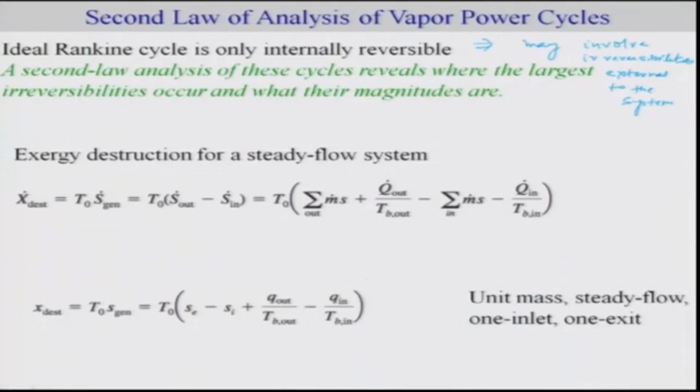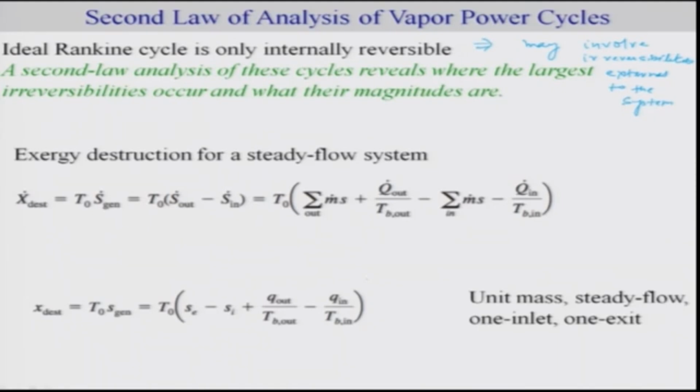So, this is why we may like to use the fundamental understanding of exergy. I am now trying to summarize a simple expression, and in this case, for the vapor power cycle, we will be making use of a steady flow system.